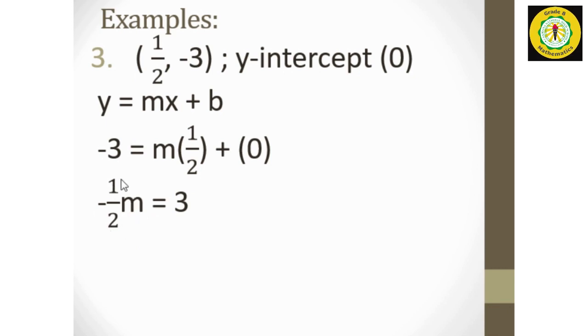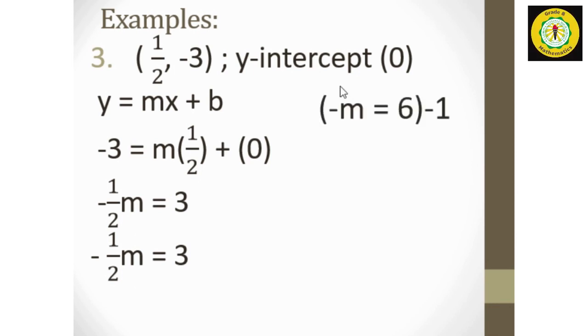Since we have here a coefficient which is negative 1/2, we need to multiply it by 2 to eliminate the coefficient. So we will come up with negative m equals 6. Since we have here negative m, we need to multiply both sides by negative 1 to make it positive. So we have m equals negative 6.